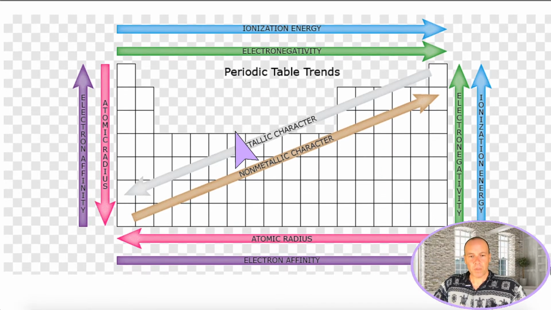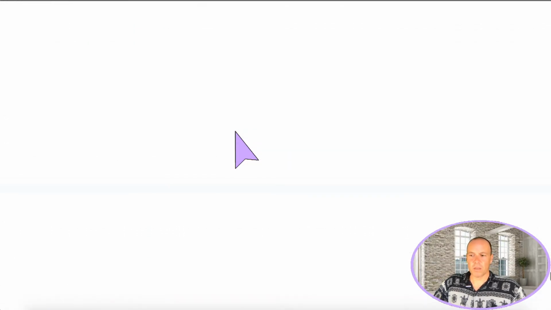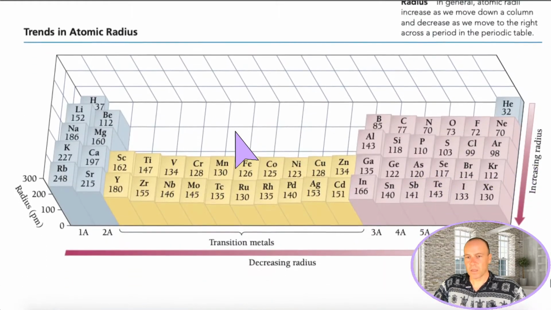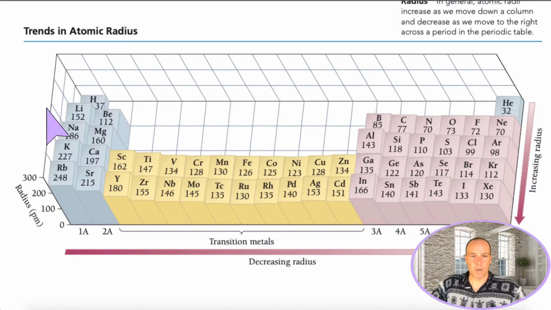Another way to view the trend is this interesting looking periodic table right here. You can see this is a three-dimensional plot, and for each atom, the size of the bar indicates how large its atomic radius is.